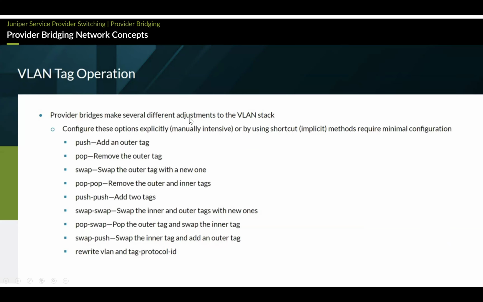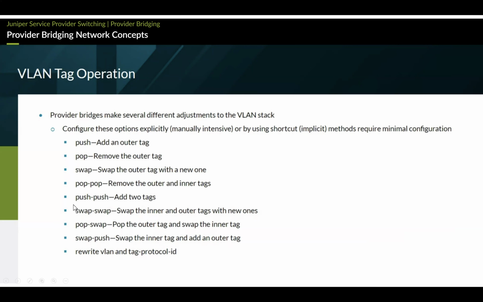The provider bridge makes several different adjustments to the VLAN stack. That means they can do multiple tasks. You can push one VLAN onto another VLAN, that means you can insert one VLAN, and when you forward this frame to another side, you can swap the VLAN.